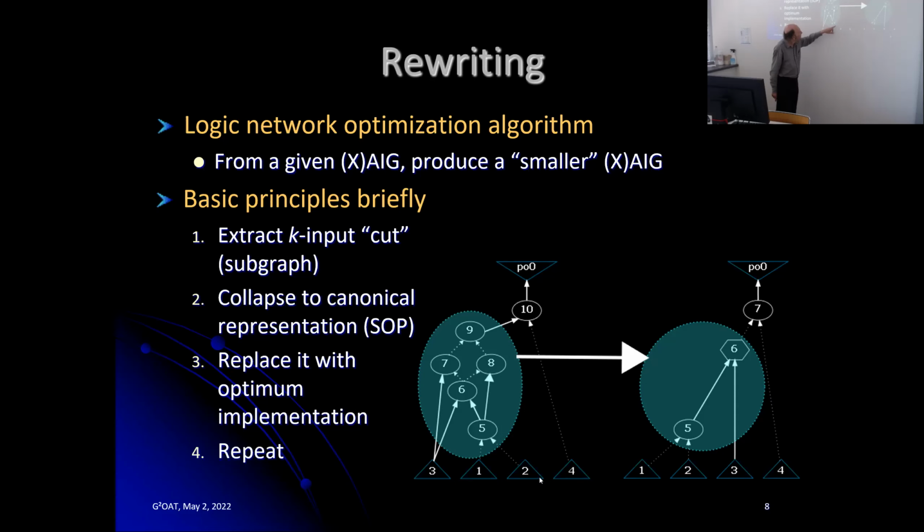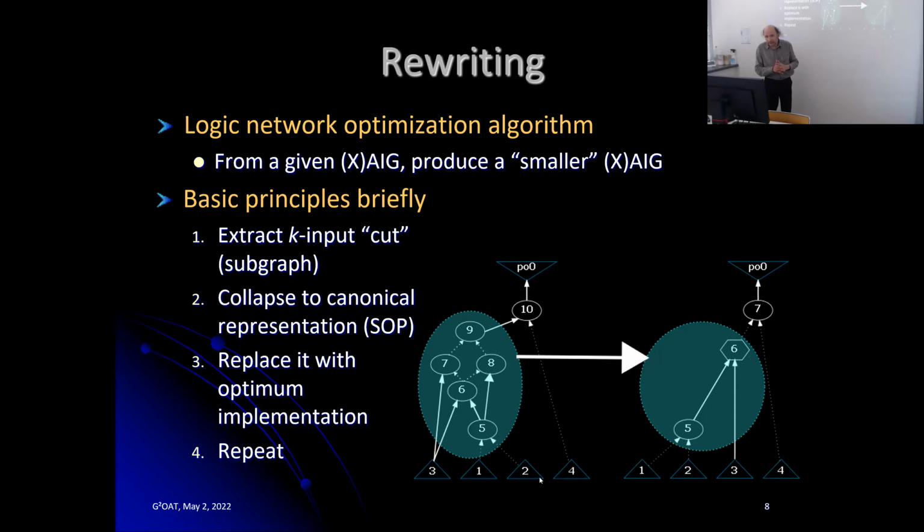Such cuts are looked up in a list, and then they are mapped to something canonical just by performing simulation. If it has 4 inputs, you can easily simulate it because you have only 16 vectors to simulate. So you transform it to a canonical representation, typically a sum of products, or as I say, a truth table.